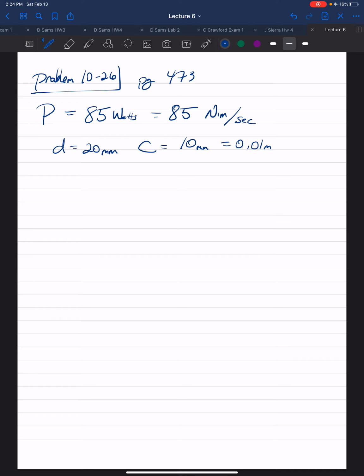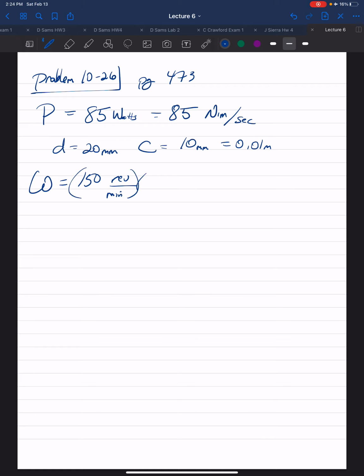They gave us the speed in revolutions per minute. So that's 150 revolutions per minute. But we need this value in radians per second for our units to be able to be worked in our standard SI units.